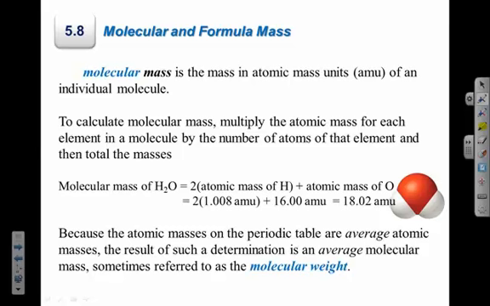There's such a thing as heavy water. Heavy water is water that has deuterium instead of hydrogen. So if you happen to buy that, you can buy water where all the hydrogens are deuterium, meaning all the hydrogens have an extra neutron.